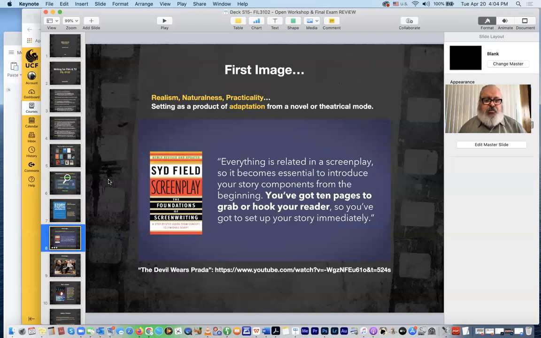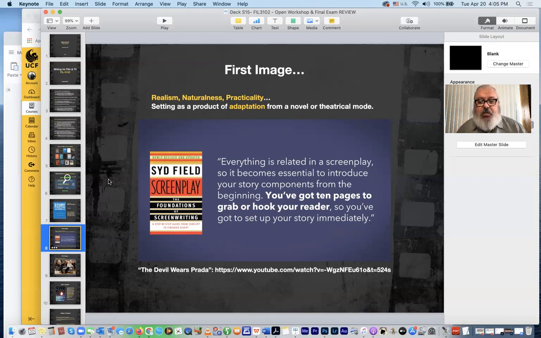Syd Field, in his book, talks about the first image and the realism, naturalness, or practicality, the setting as a product of adaptation from, say, a novel or some other form of IP. So taking that information, that resource material, and providing very strong visuals for the audience for our screenplays.